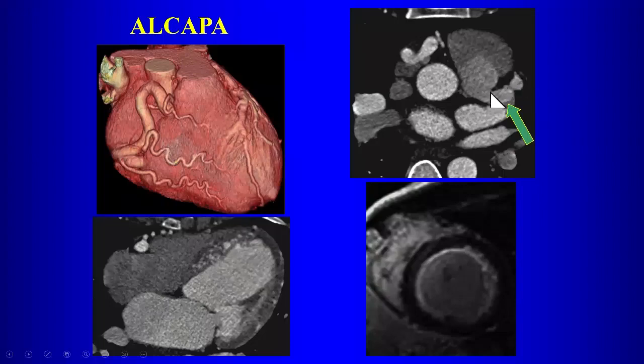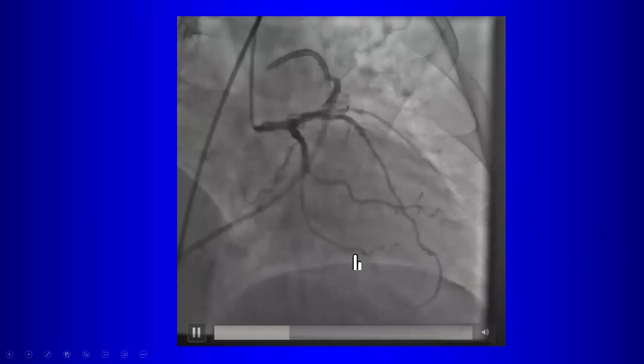You see the contrast is actually going into the pulmonary artery here in this case. And then here's an MR showing diffuse subendocardial enhancement, representing partial thickness infarction involving the left ventricle because of the ischemia. Okay. All right.